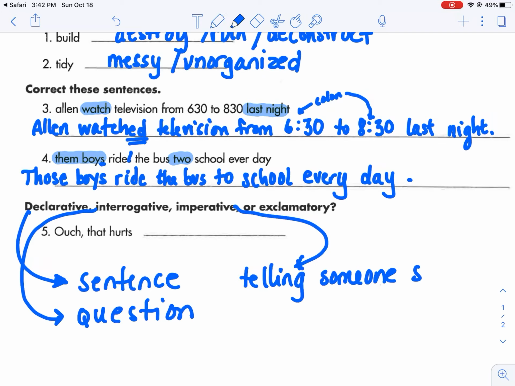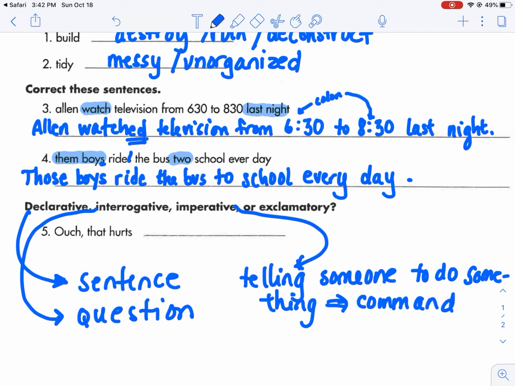Telling someone to do something. In other words, a command. You're commanding someone. And exclamatory means expressing a strong emotion.